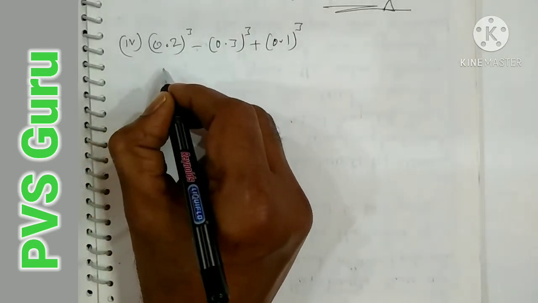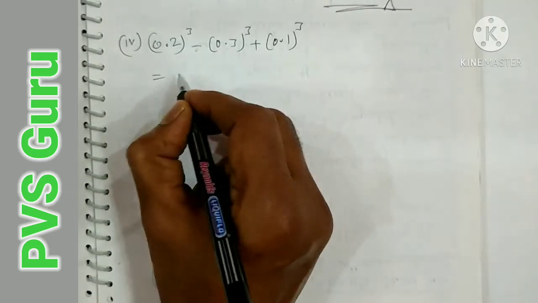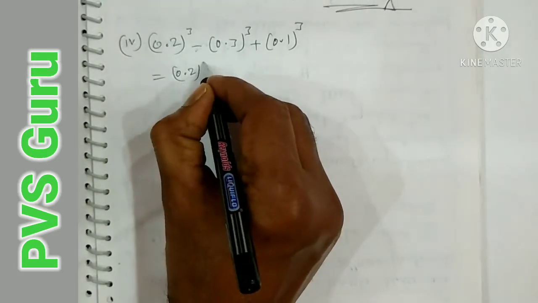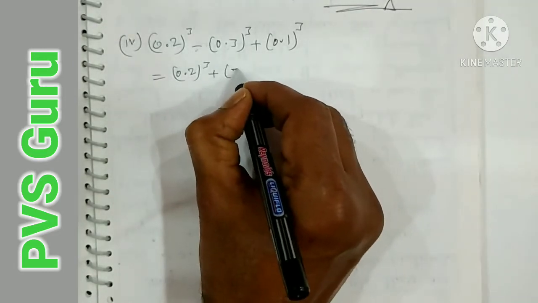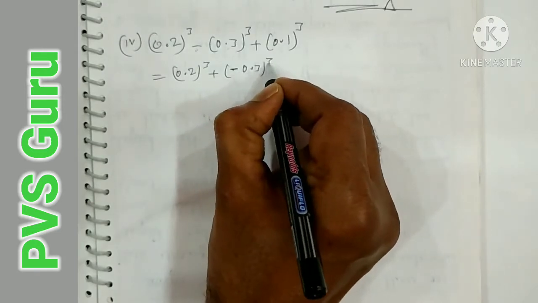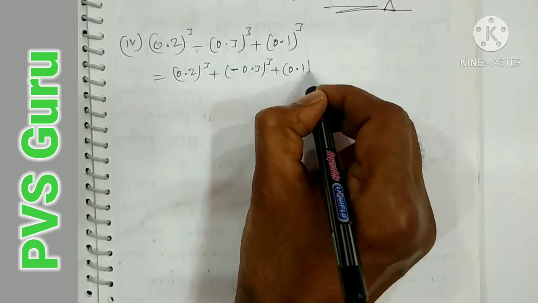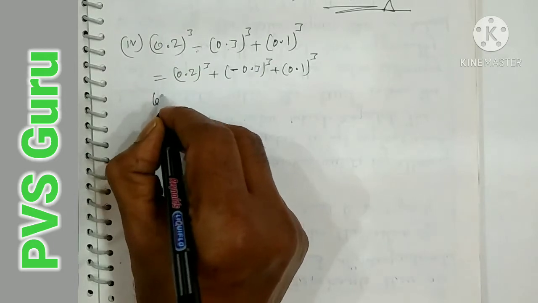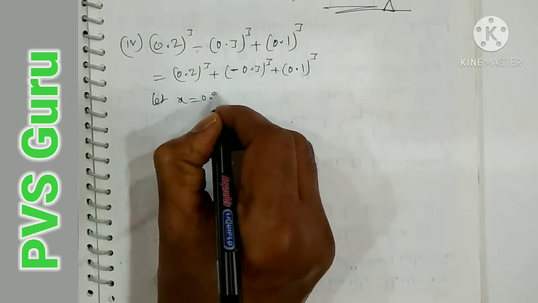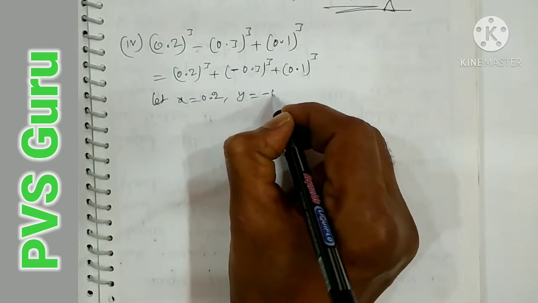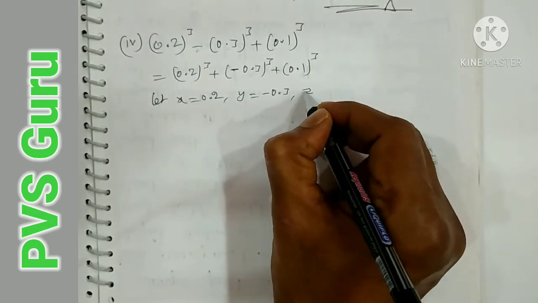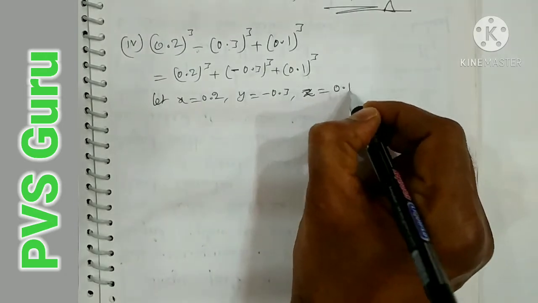Question 4. Here you write this down, the minus you take inside: 0.2 whole cube plus minus 0.3 whole cube plus 0.1 whole cube. Here let x is equal to 0.2, y is equal to minus 0.3, z is equal to 0.1.